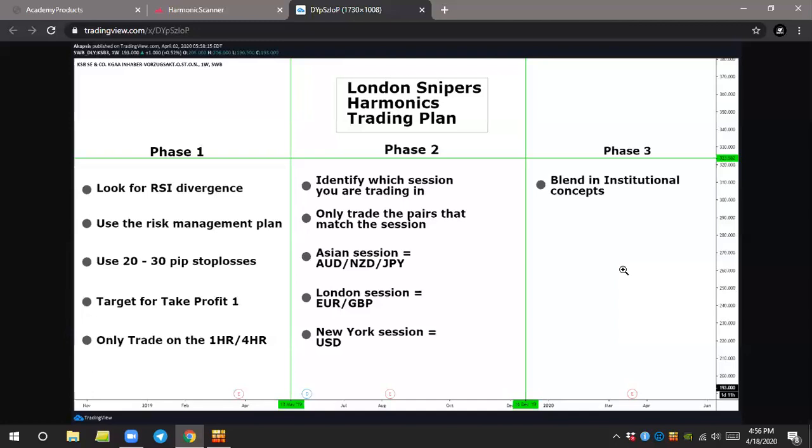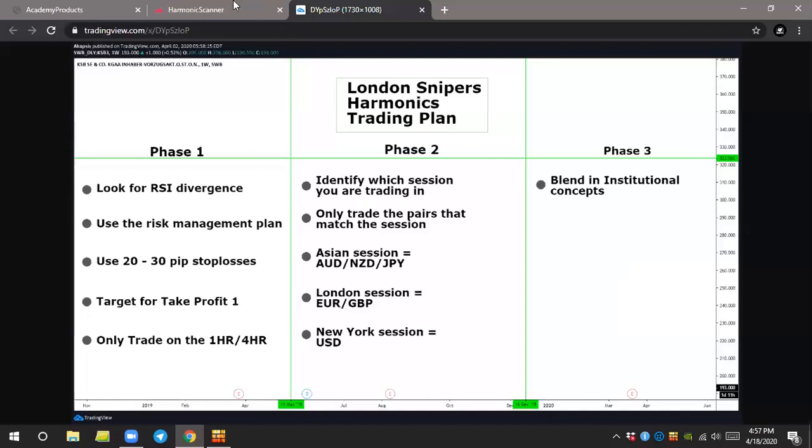I do not trade too much Asian. I normally stick with London, New York sessions. But for Asian, the kill zone is between 7 to 10 p.m. If I'm mistaken, I believe that it's like between 6 to 9 p.m., somewhere around there. But these are the certain key times to be trading these pairs.